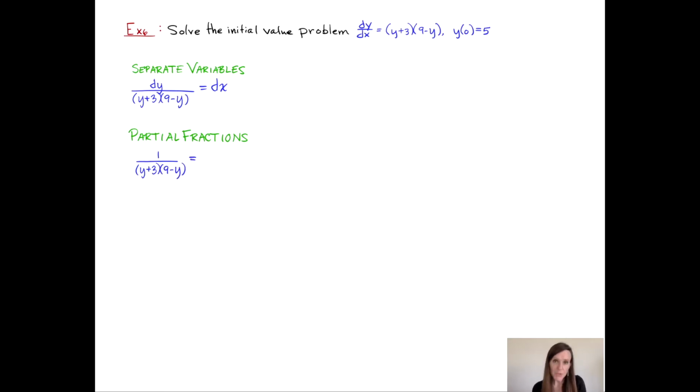And so this is of the form linear and distinct in the denominator. Nothing is repeated. So make sure that you're familiar with the different forms of partial fractions and that you use the one that's appropriate for the fraction that you have. Here we have A over y plus 3 plus B over 9 minus y.